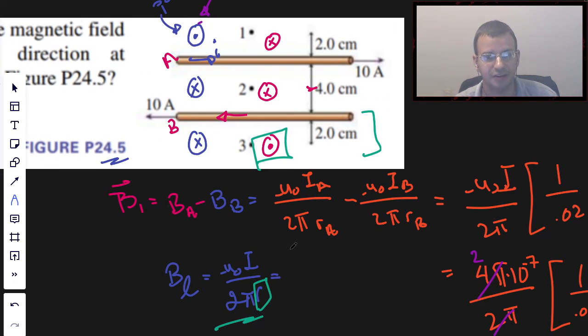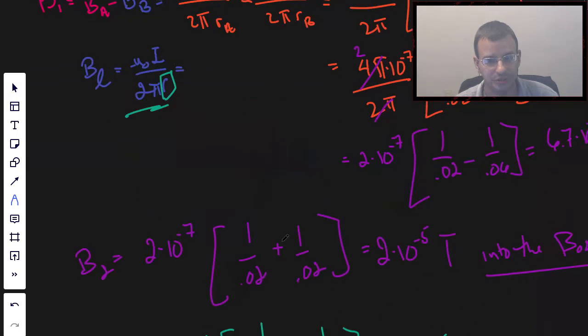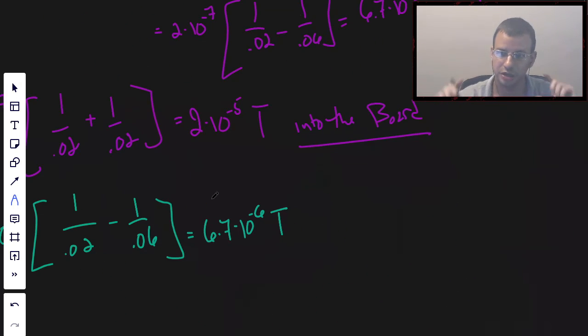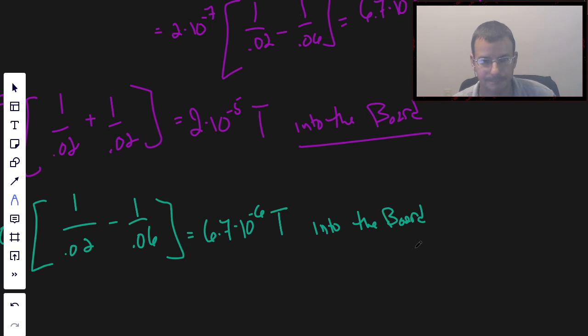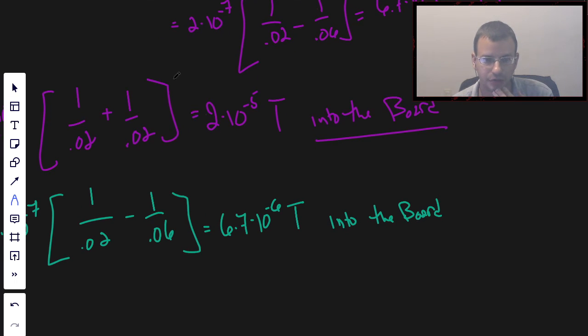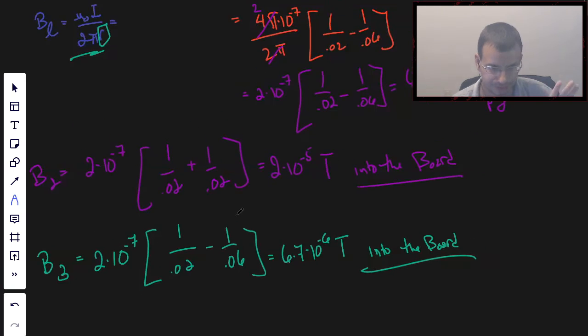And since they're opposing each other, the bottom one is going to dominate the relationship. And so it's going to be into the board, due to the bottom wire, because the bottom wire creates a magnetic field into the board.